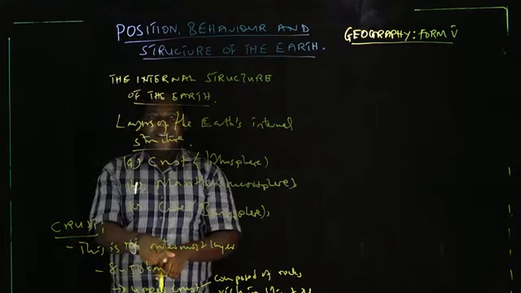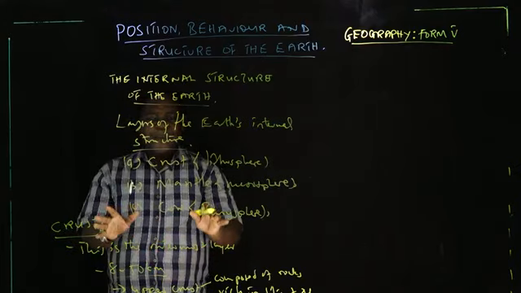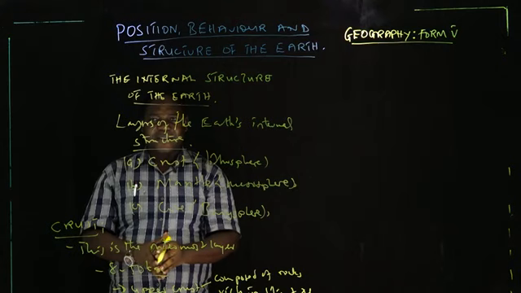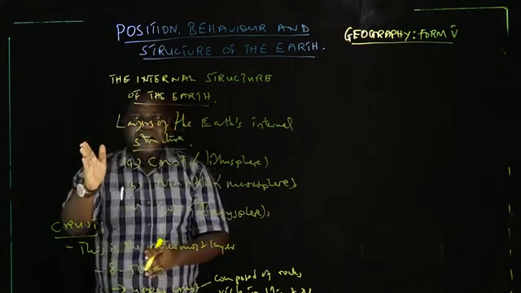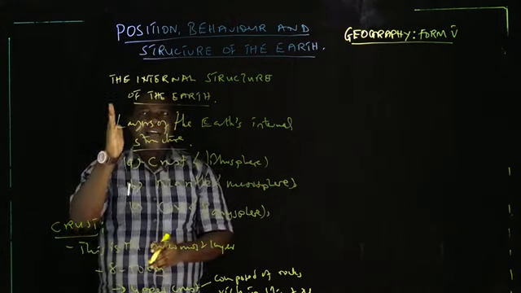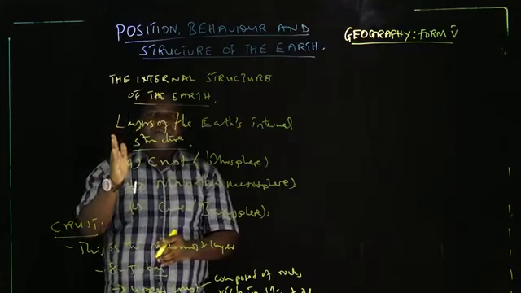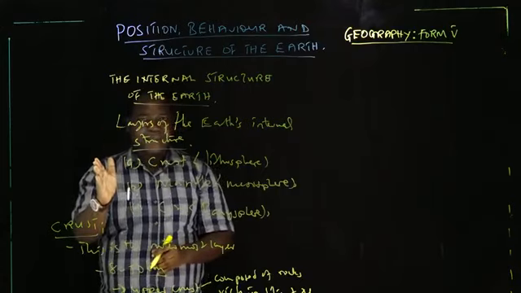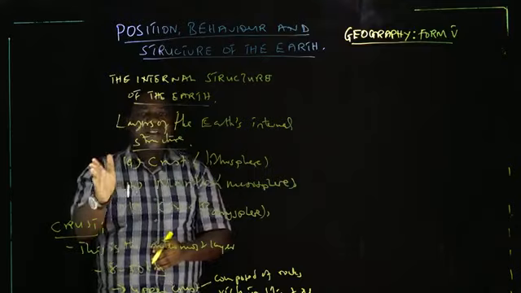Therefore, as the uppermost layer of the earth, we have the sial layer, that is silica and aluminium, and we have silica and magnesium. Silica and magnesium are heavier rocks.